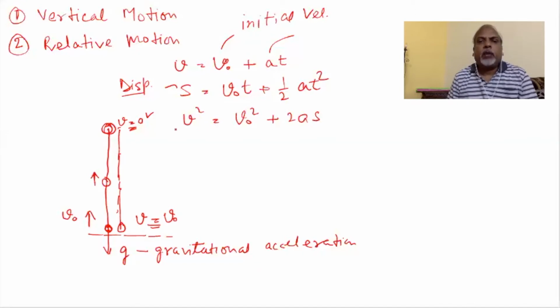Here we are assuming air resistance as negligible. That is our assumption. Otherwise, this v will not be the same once it comes back. So this is basically vertical motion.